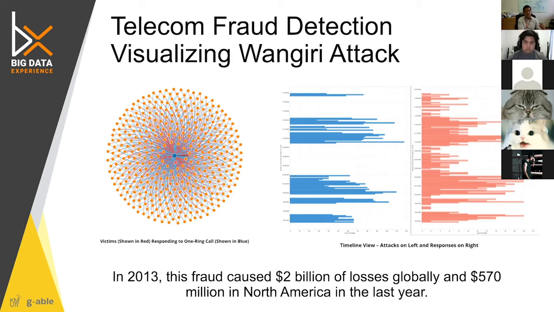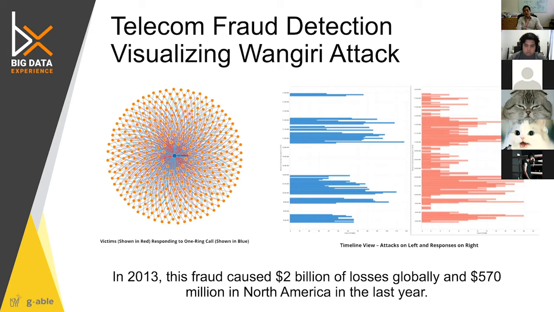Because in Europe and the US, there is a special premium number where the people who receive the call receive the money, right? So they are trying to create a fraudulent transaction to earn money.